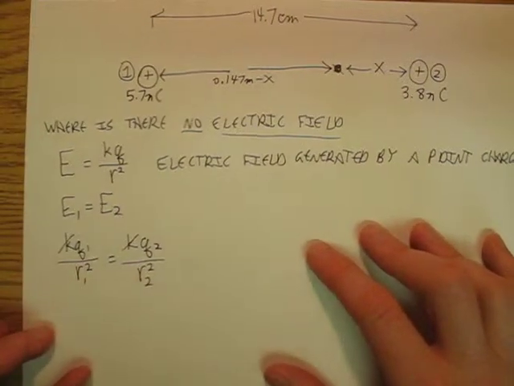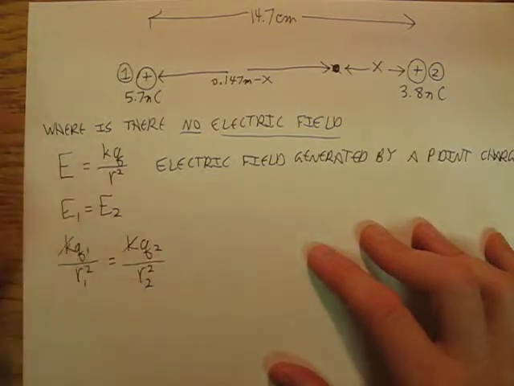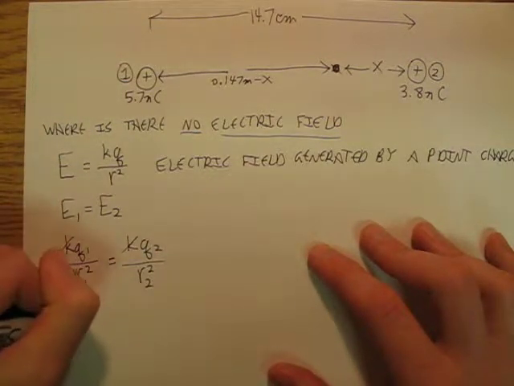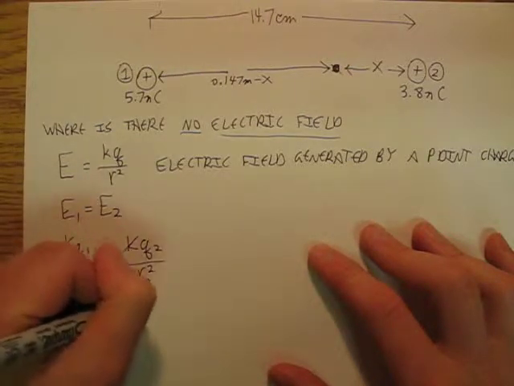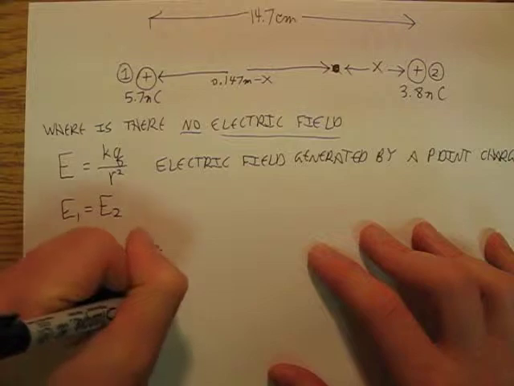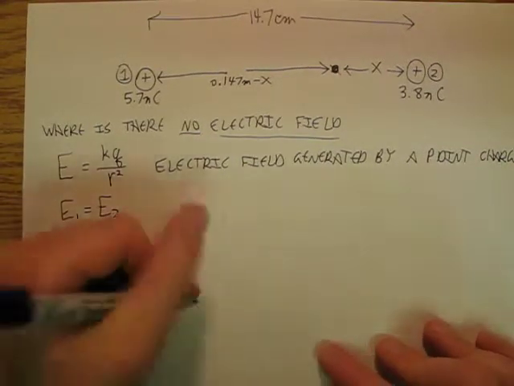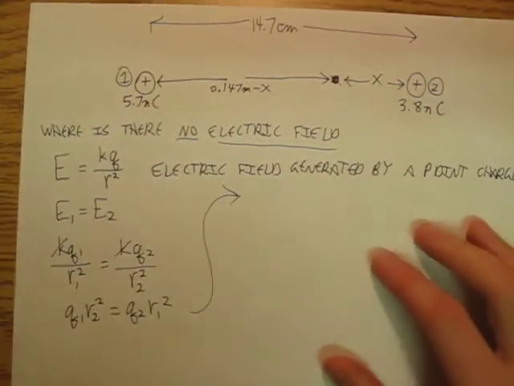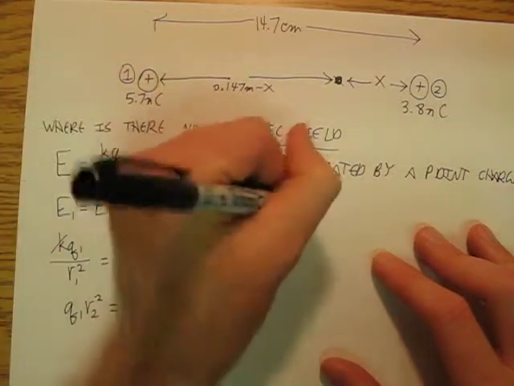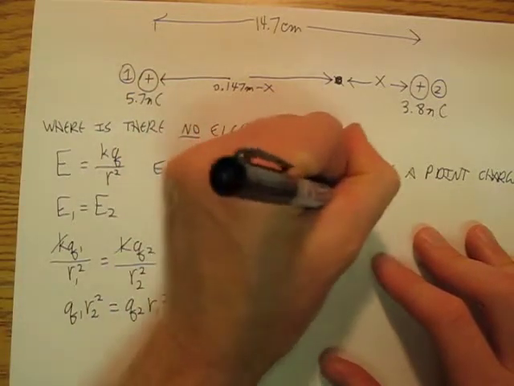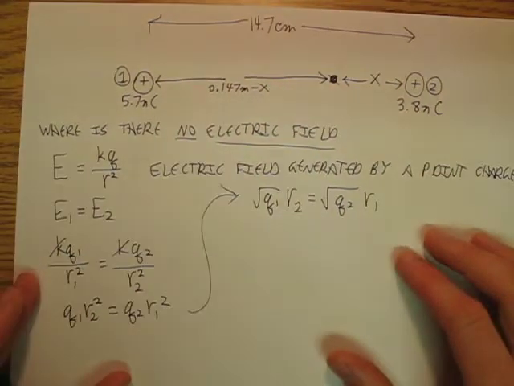I can't imagine anybody who really likes fractions. I'm going to say q1 r2 squared is equal to q2 r1 squared. And now I'm going to take the square root of both sides. So the square root of q1 times r2 is equal to the square root of q2 times r1. Again, I'm working in symbols, aren't I?